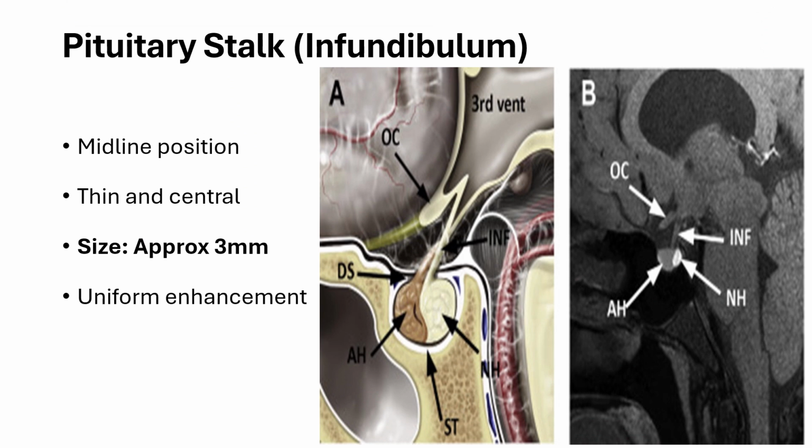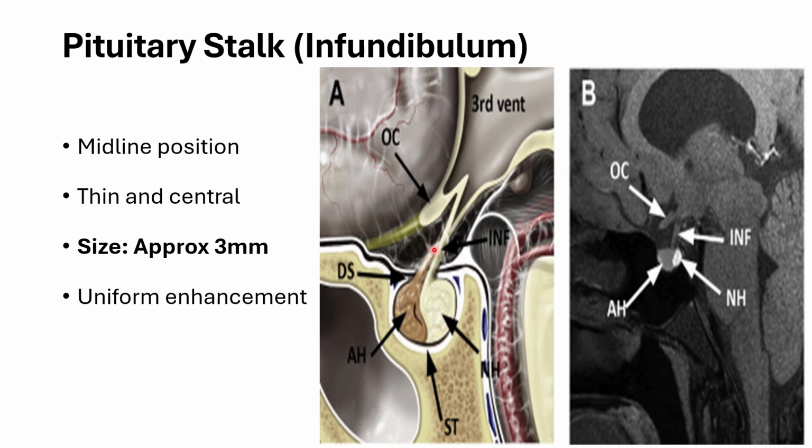Now the pituitary stalk, or infundibulum. We can see here, this is the infundibulum. It is a midline structure and a thin structure, centrally located, arising from the superior surface of the pituitary gland, and it connects the pituitary gland with the hypothalamus.